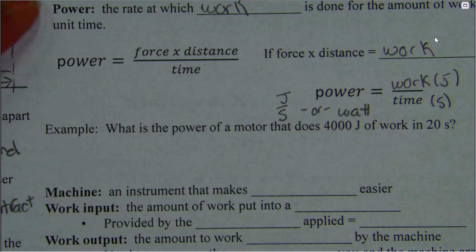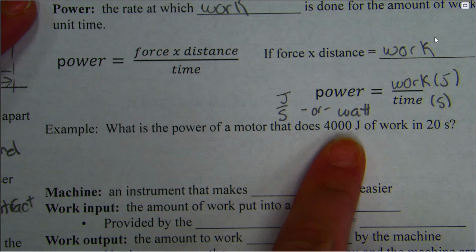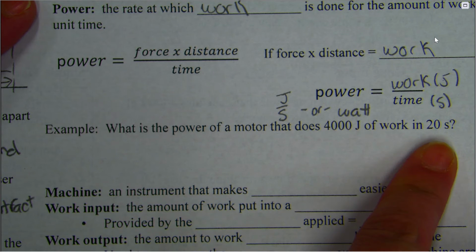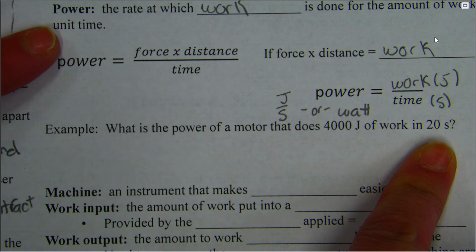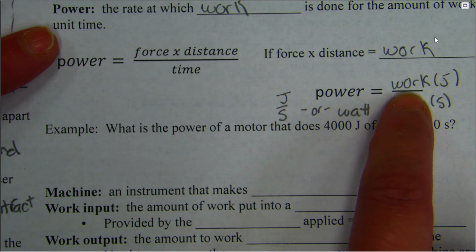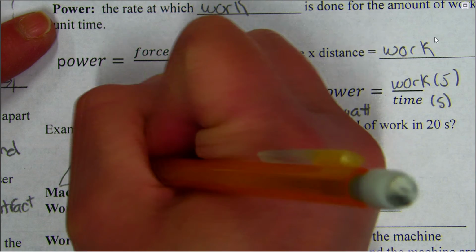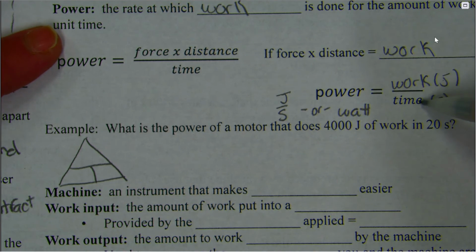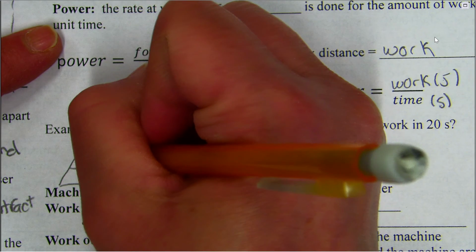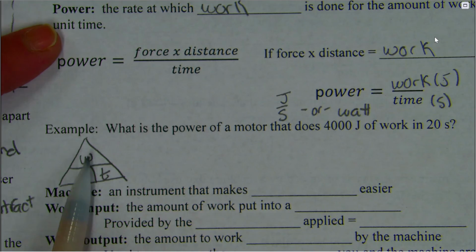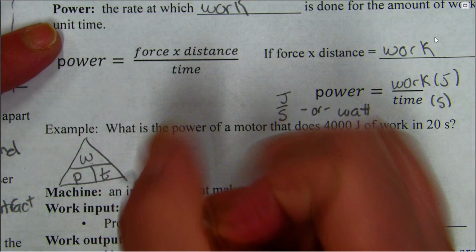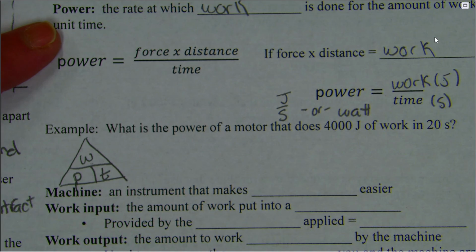So what is the power of a motor that does 4,000 joules of work in 20 seconds? So power is work divided by time. So I have to set up my triangle. Work is being divided by time, making my power go in the section that is blank.